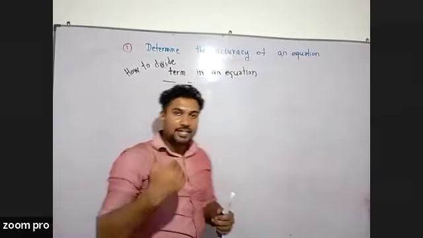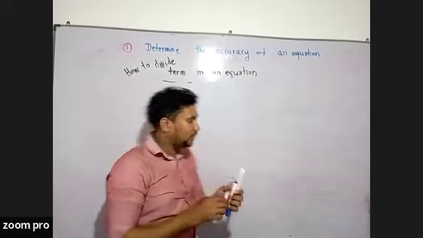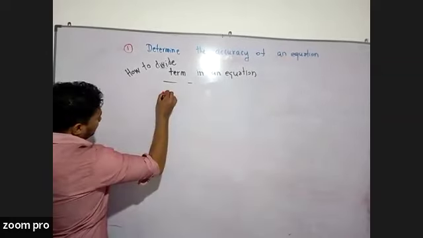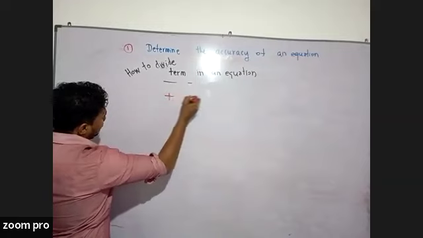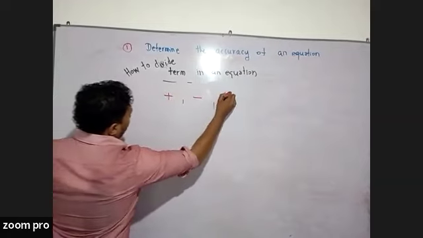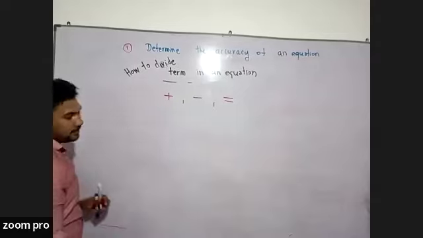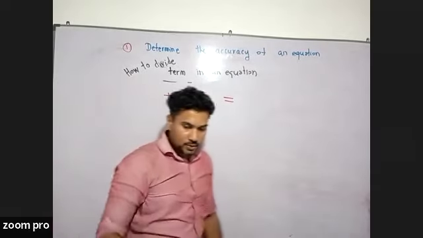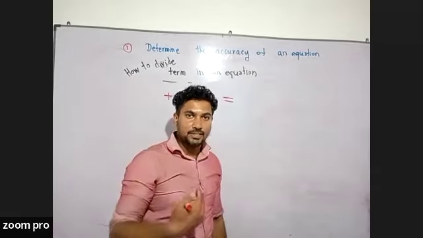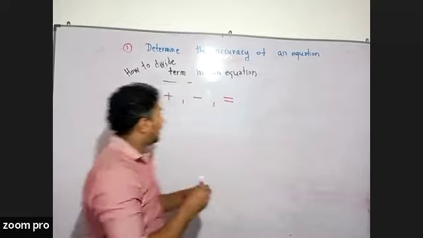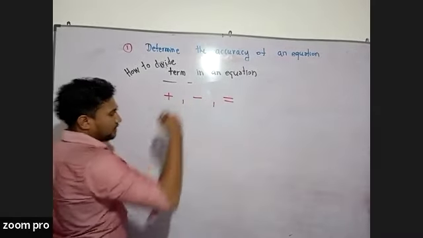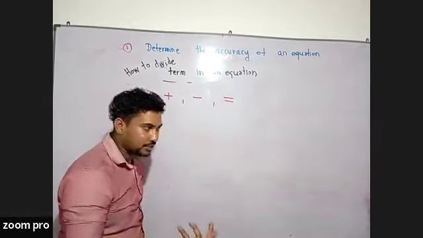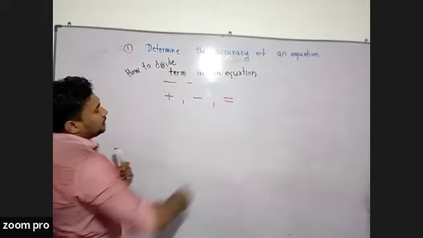Guys, dividing terms in a given equation can be done by using these three mathematical operations, right? So you know that there are certain mathematical operations, that mean addition, subtraction, multiplication, division.